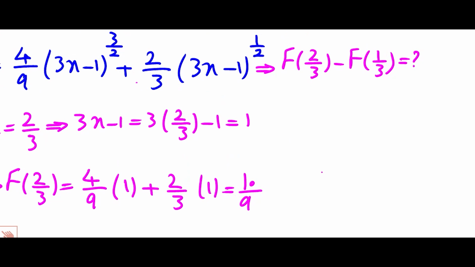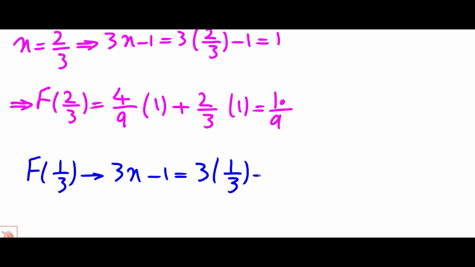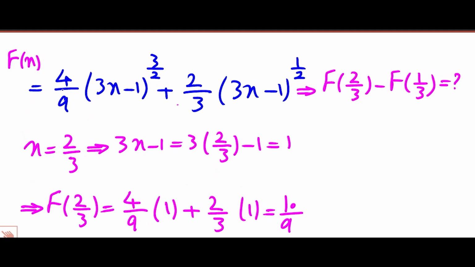And F(1/3): 3x - 1 equals 3 times 1/3 minus 1 equals 0, right? So we have 4/9 times 0 is 0, plus 2/3 times 0 is 0.